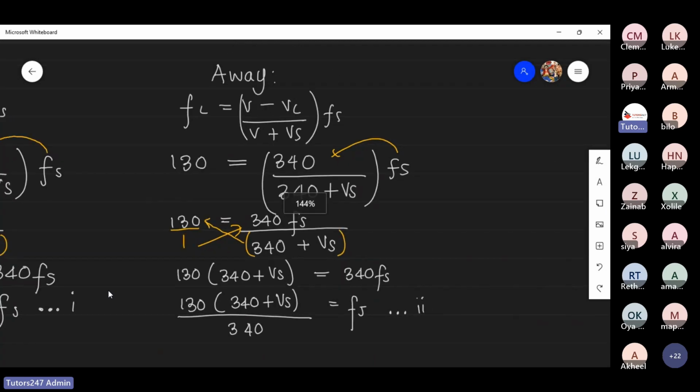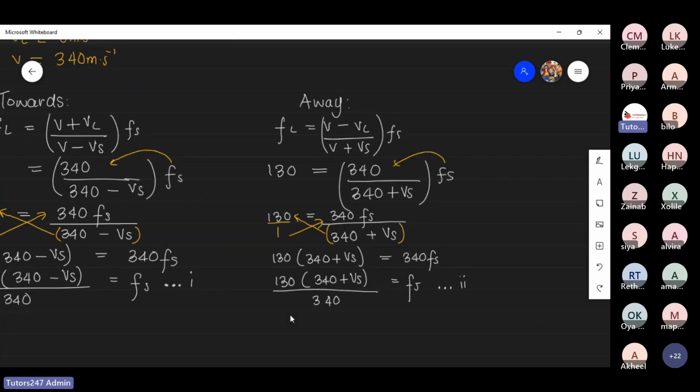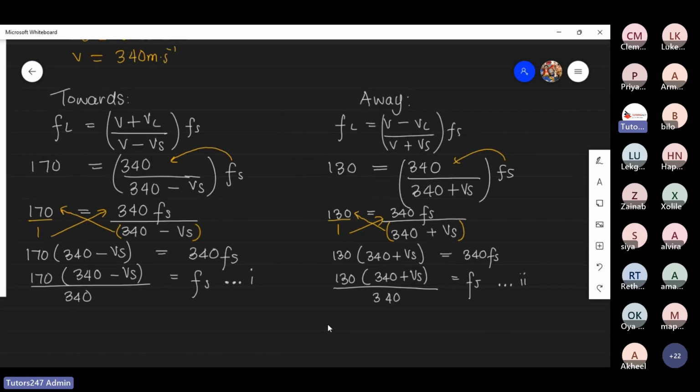Now you'll see what I mentioned previously, whereby I said whatever you are calculating for, make the other variable the subject of your formula. Because when we connect these two equations, you'll see that we will have Vs as our only unknown. If we were to make Vs the subject of our formulas initially, when we connected them, we'd have Fs in our formula, which is not what we want to calculate for.